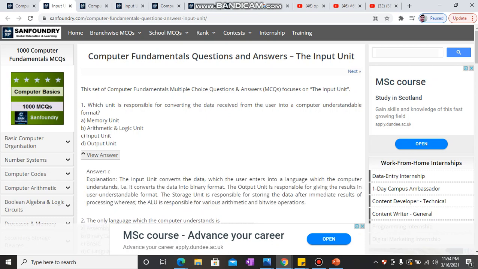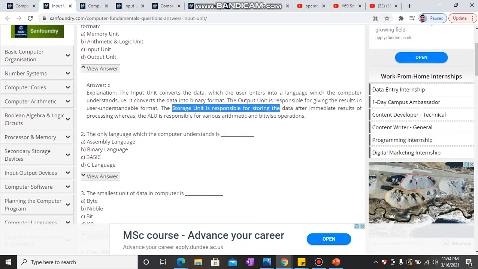So the right answer is C. Definitely it's C. The input unit converts the data which the user enters into a language which a computer understands, and converts it into the binary format. The output unit is responsible for giving the results in a user understandable format. The storage unit is responsible for storing the data with intermediate results of processing, whereas the ALU is responsible for various arithmetic and bitwise operations. I hope this is clear.